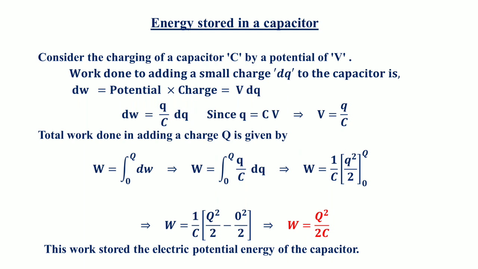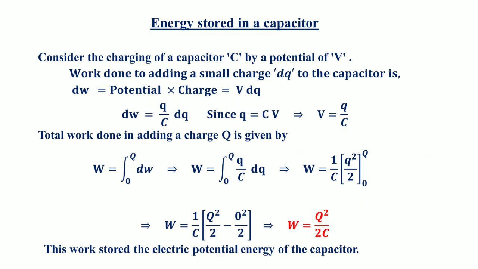So you will get W is equal to 1 by C into Q square by 2 minus 0 square by 2. The second term vanishes. You will get W is equal to Q square by 2C, where Q is the charge stored and C is the capacitance of the capacitor. This is the work done, stored as the potential energy in the capacitor.